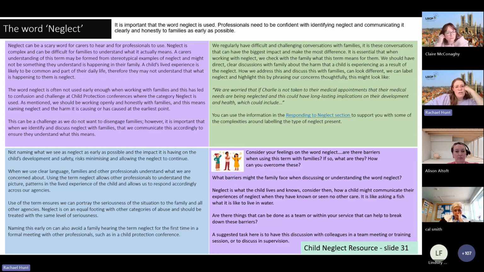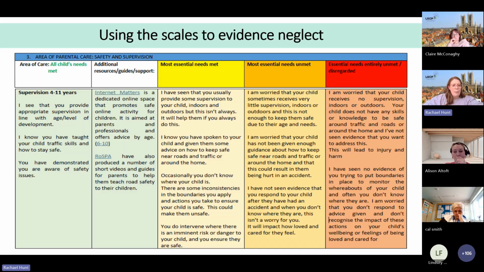You'll see within the resource, where we've got a directed learning task or a reflective exercise, that little image of three people doing some questions. You'll see those throughout the resource, and they can help you structure the conversation.